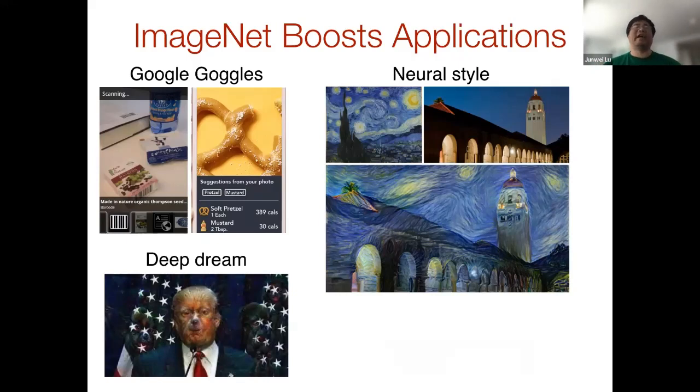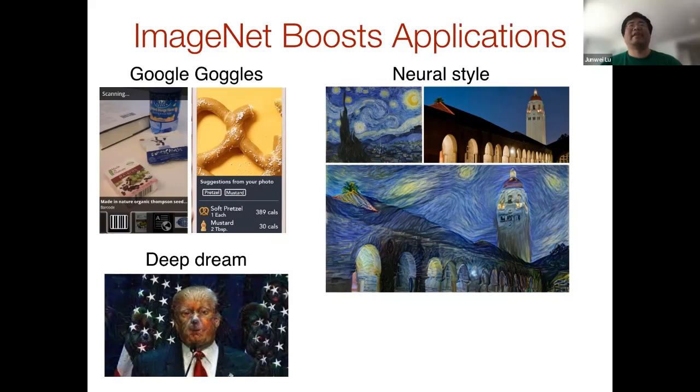So the first task seems quite straightforward, right? You just say, I give you cat and dog pictures and tell me what's inside. But this task actually helps the algorithm, the neural networks, to understand the strokes or the structure and the subjects, such that it has the potential to make even fancier applications.